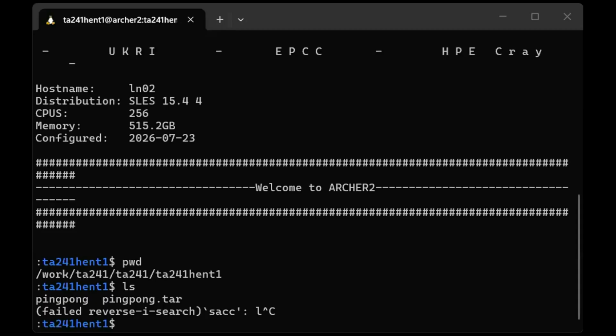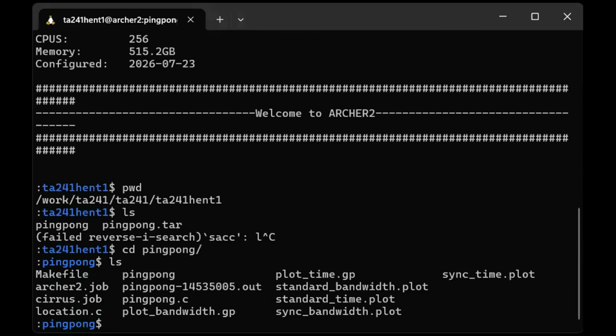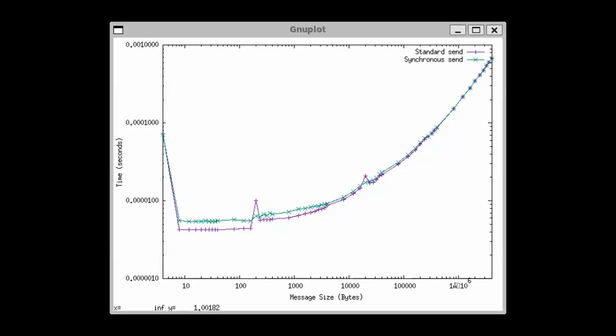So there's quite a few exercises on the sheet, but I think it's probably worth going through the basics in detail. If we look at this, we can see immediately that this is going across the network, that we have a latency of about 4 microseconds.